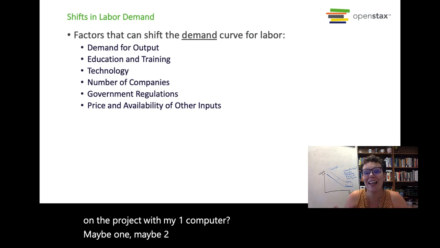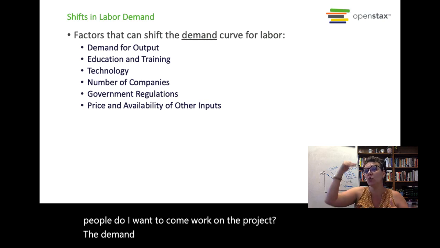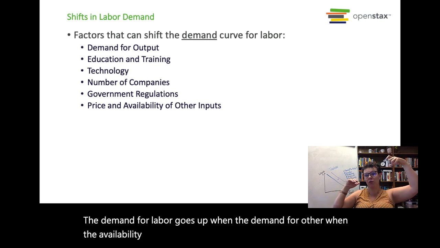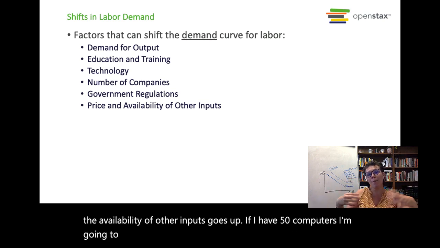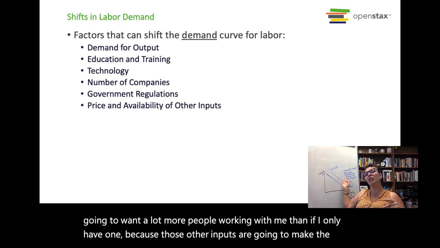If I have 10 computers, though, how many people do I want to come work on the project? The demand for labor goes up when the availability of other inputs goes up. If I have 50 computers, I'm going to want a lot more people working with me than if I only have one, because those other inputs are going to make the workers more productive.